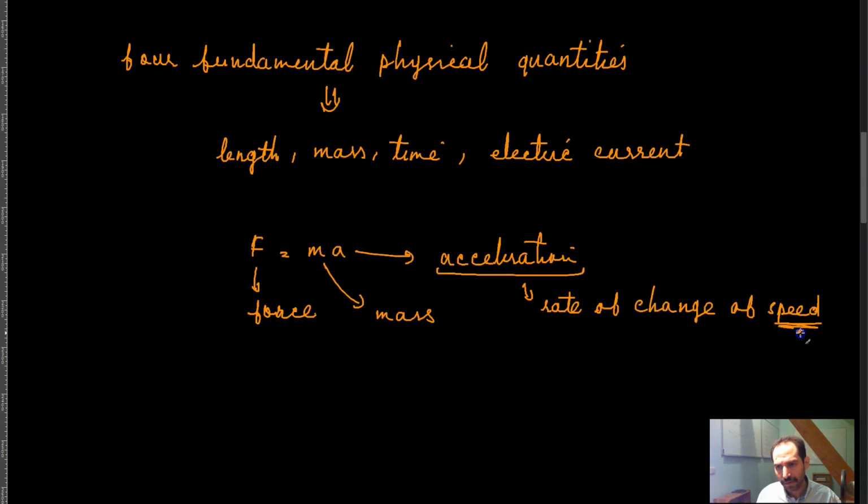So that means that if I know something about speed, and speed is nothing but distance by time, meaning that, for example, if you want to know how fast an object is moving, then let's say that an object is moving along a straight line.